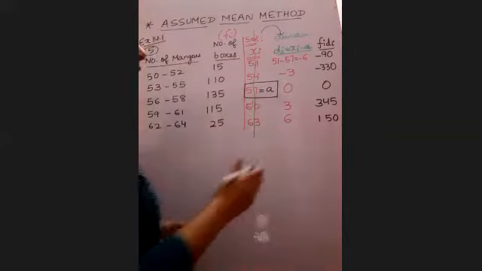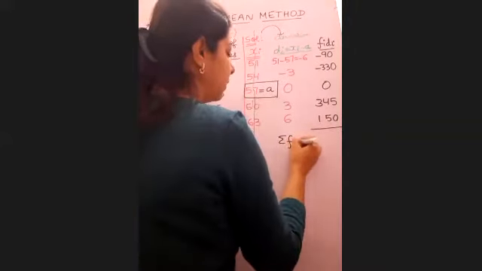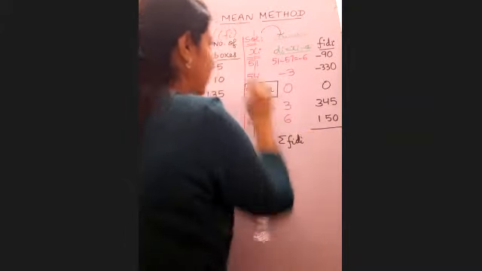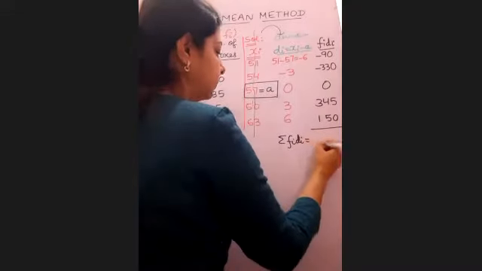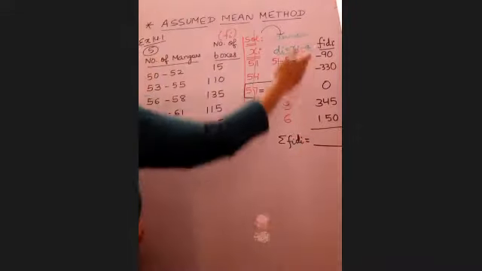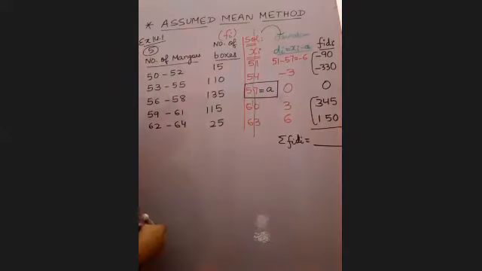Okay. Now the next step would be finding summation fi di. Not fi xi. Xi's are gone, bye bye. So fi di. Taking care of negative and positive separately, please tell me what it should be.